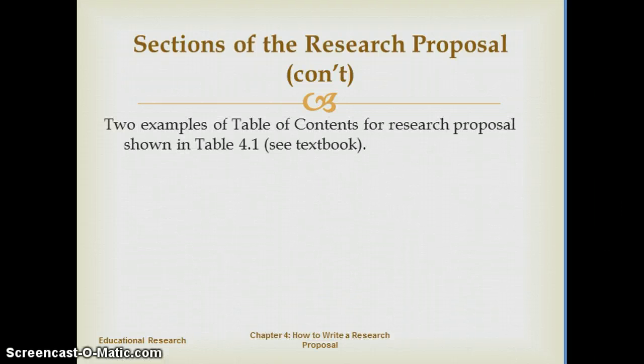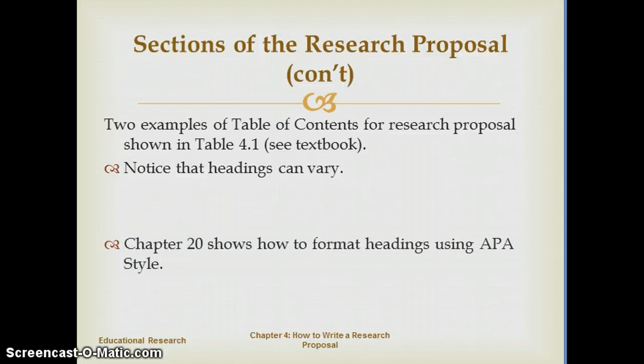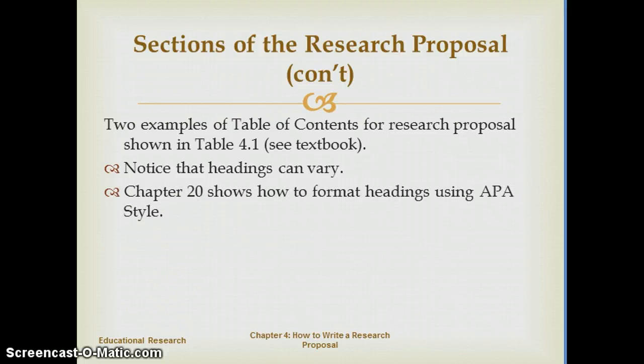In your book you see two examples of the table of contents for the research proposal, and you'll see that the headings can vary. You can also take a look at chapter 20 if you want to see how you would format headings using the APA style. But the headings are not always the same.